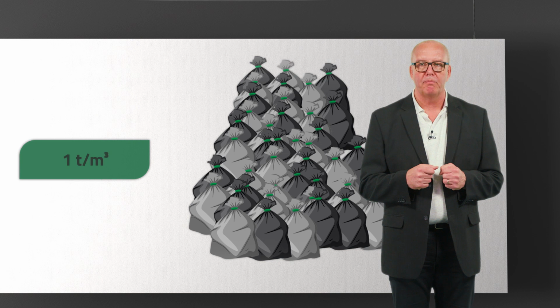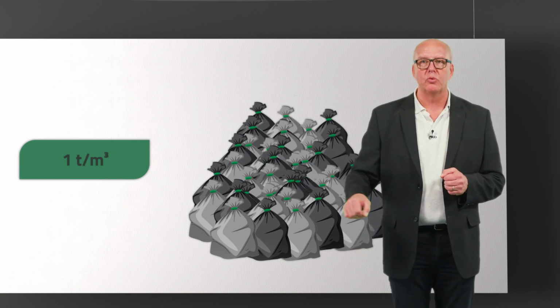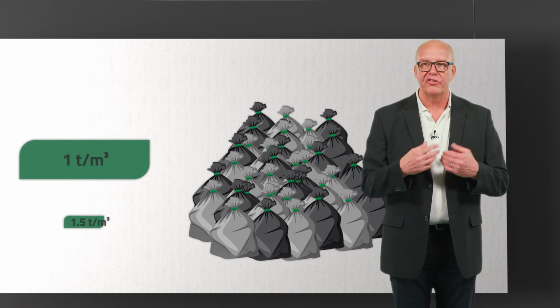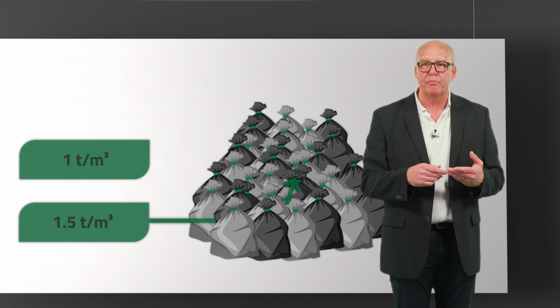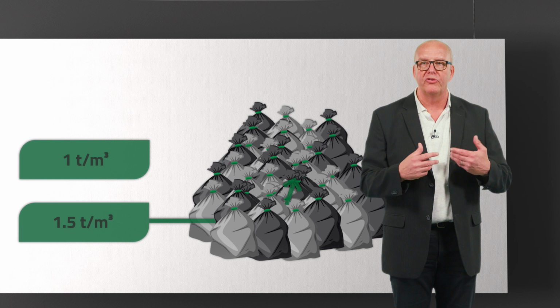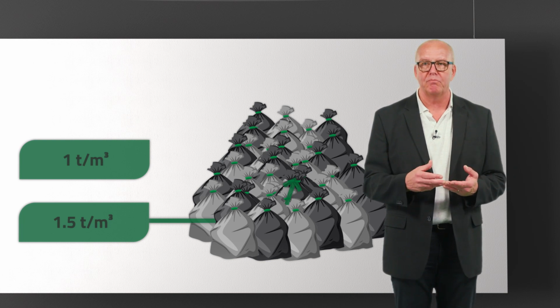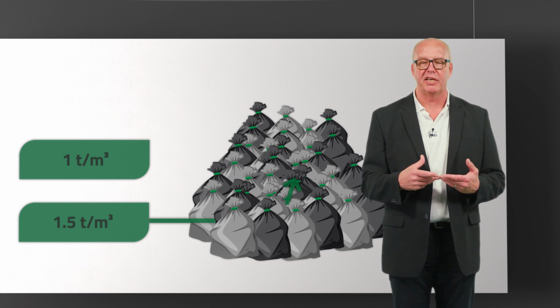The waste on top of the landfill presses down the lower waste and increases compaction. In the depths of a landfill, densities of 1.5 tons per cubic meter can be reached. As a consequence, you can dispose of up to 50% more waste on a site than the calculation typically indicates.